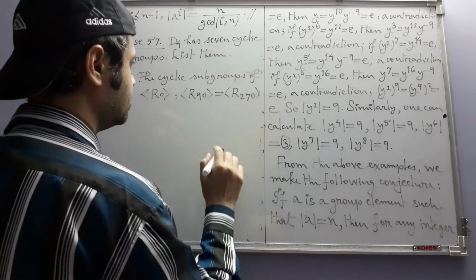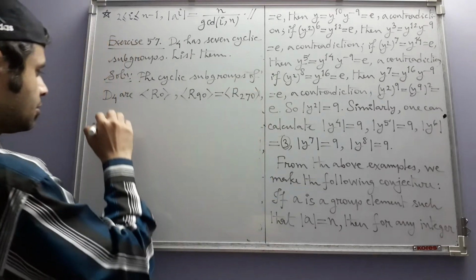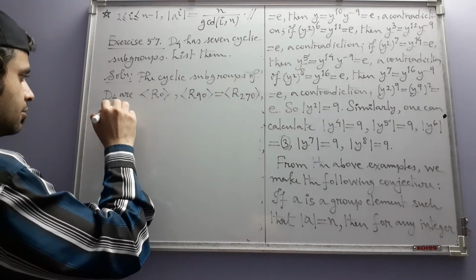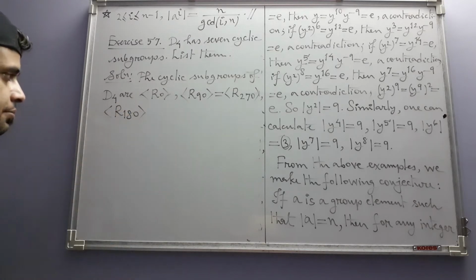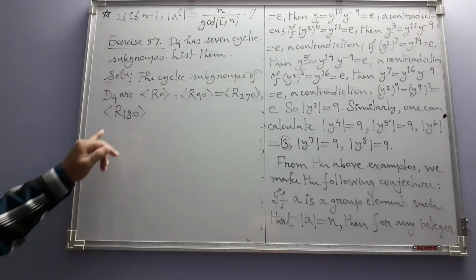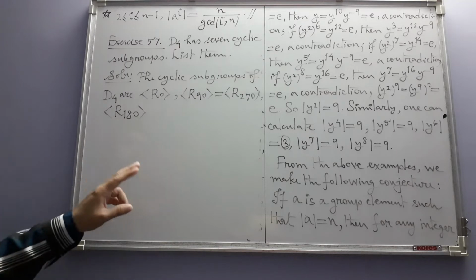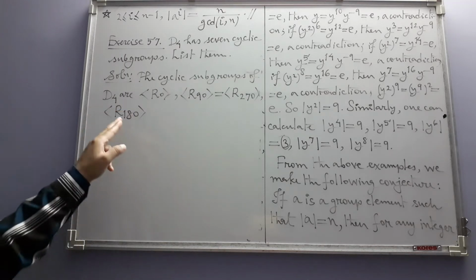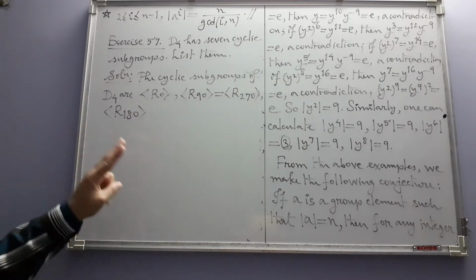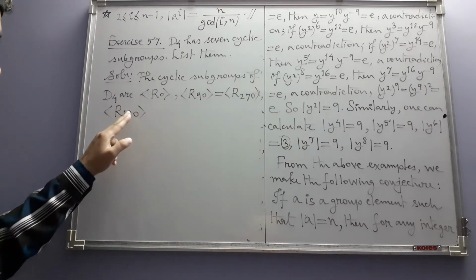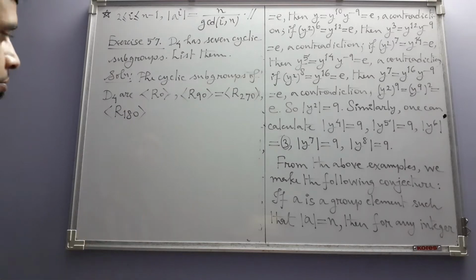You can verify these things. Then the subgroup generated by the rotation R180. Okay, and this is a cyclic subgroup of order 2 because this element is of order 2. So it has only 2 elements, R0 and R180.